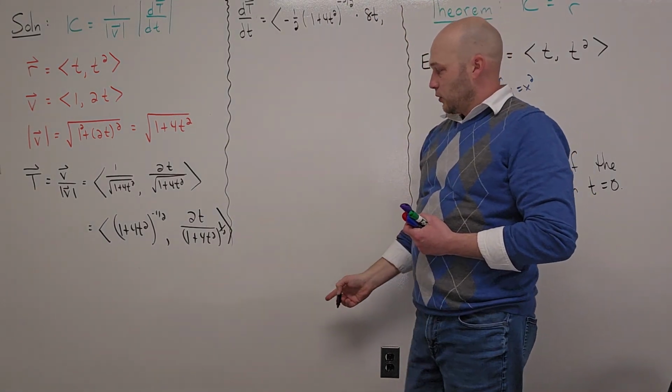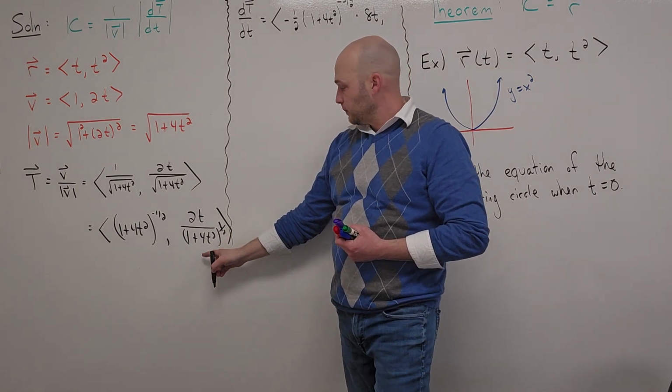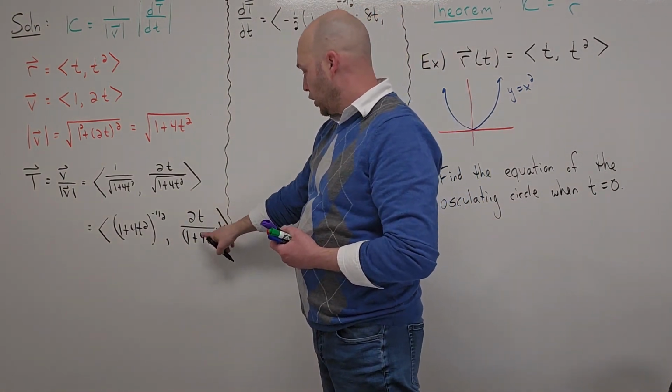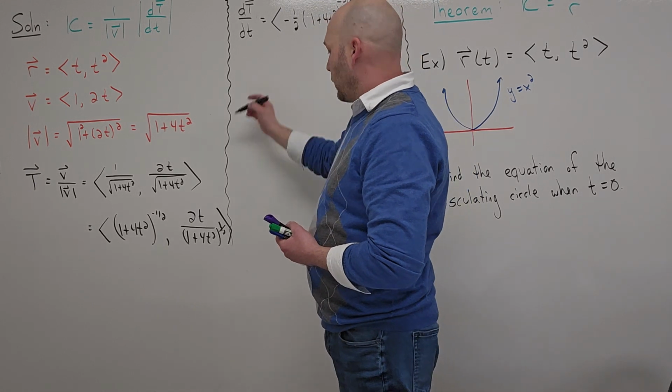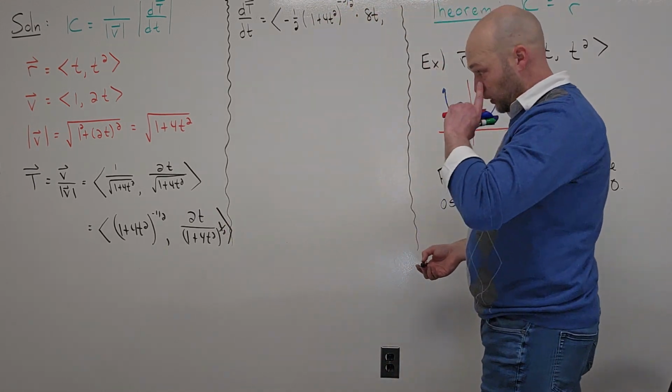And then derivative of this component, so that's going to give me a quotient rule, with a chain rule, of course, involved in there as well.